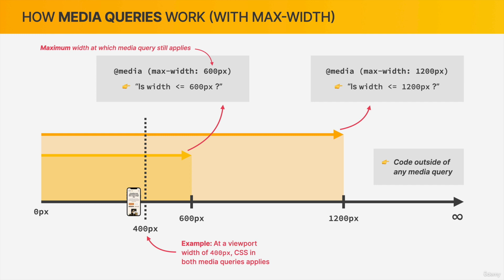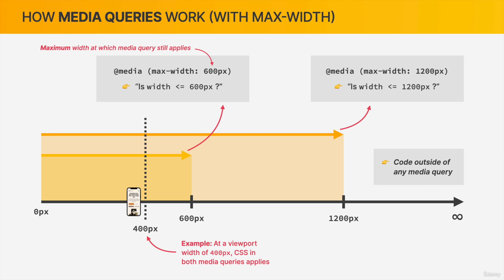These 400 pixels are less than 600 pixels, and they're also less than 1200 pixels. And so the code in both media queries will be applied. Now, if you have conflicting CSS declarations in these queries, which is in fact usually the case, then the one which appears last in the code is the one that will apply.